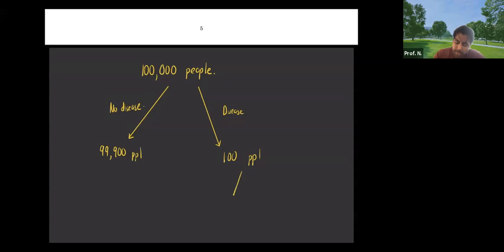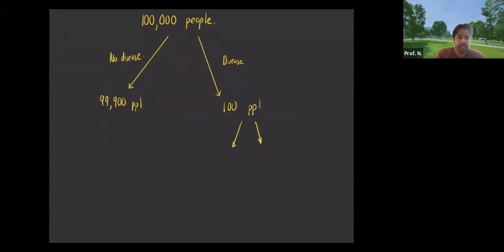Now, of those 100 people, how many people will test positive? Well, if it's 95% accurate, 95 people have the disease and test positive. So these are the true positives, right? Then there are 5 people in this experiment that have the disease, but test negative. So these are the false negatives.